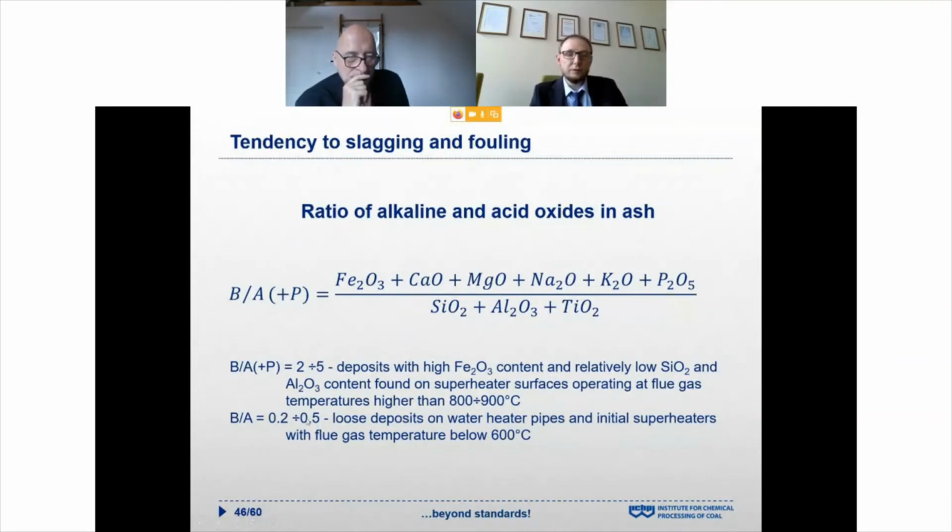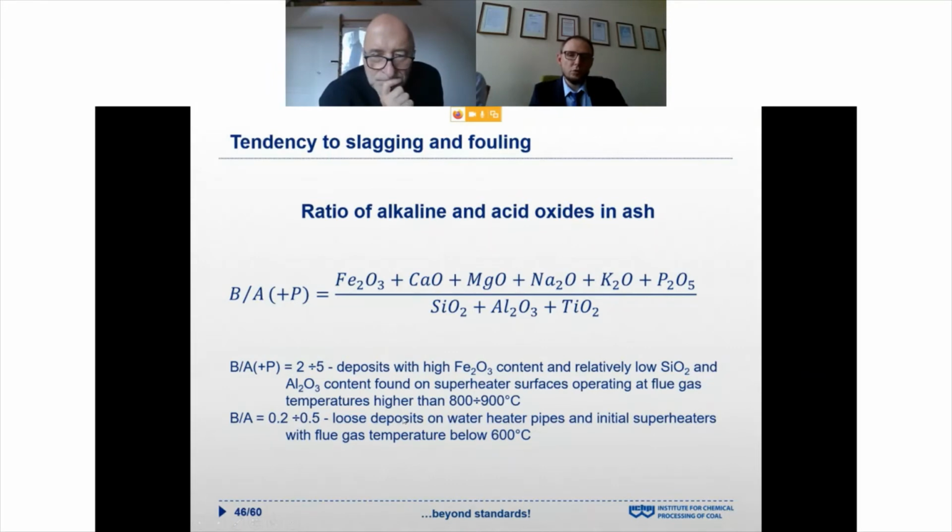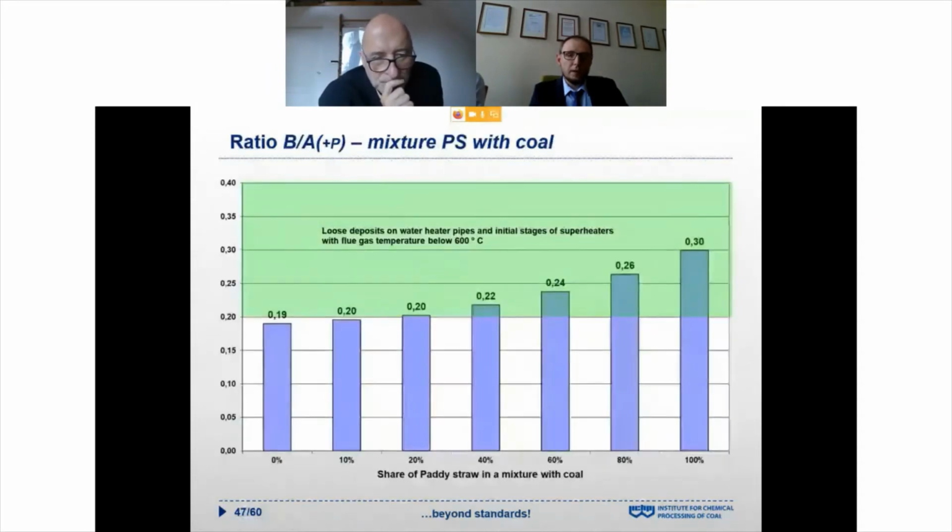And if you have, let's say, the index in the region between 0.2 to 0.5, you can observe a quite loose deposit, so it is easier to remove it.